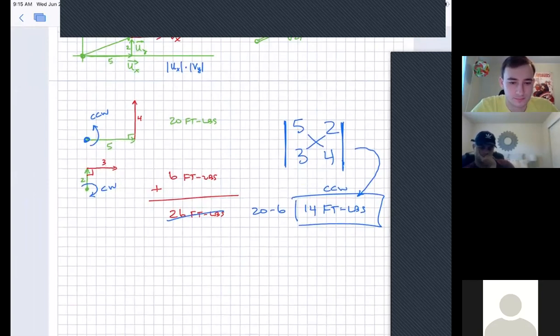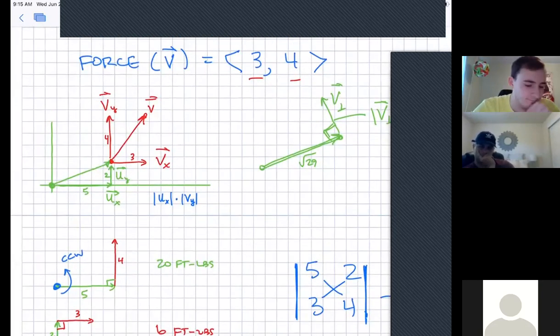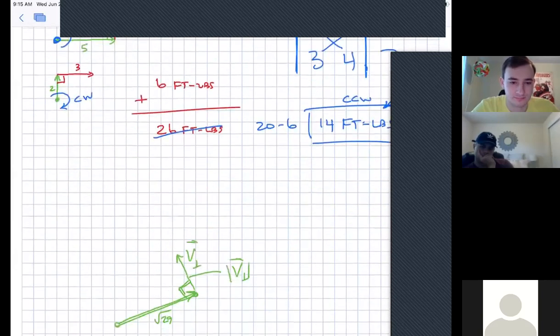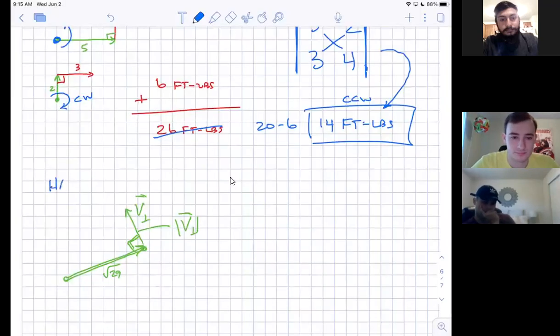So anyway, we'll go more into that later. But what I want to do really quick is just take this problem over here. Let's see if we can actually get this answer the hard way. So I think everybody's happy that this is the square root of 29.